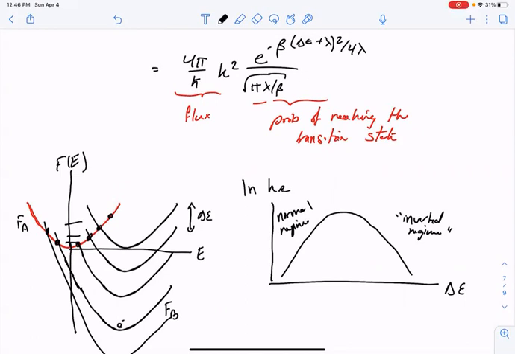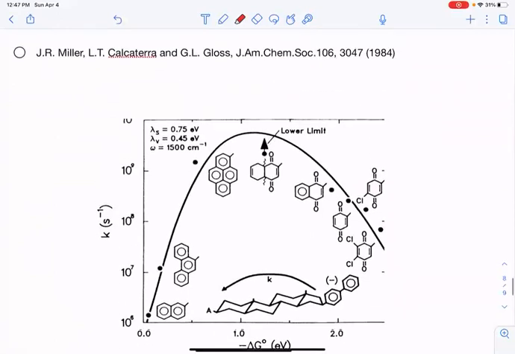If you go in and measure it, the normal regime is well described, and indeed, there is a turnover. That's what I was actually showing you here.